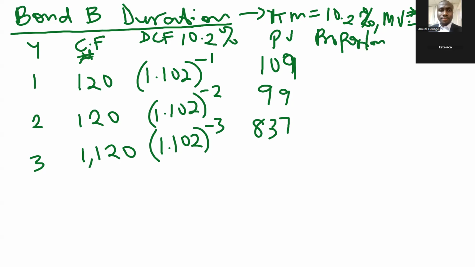In year 1, we have 109 divided by 1,026, 0.106. 99 divided by 1,026, 0.096. 837 divided by 1,026, 0.816.